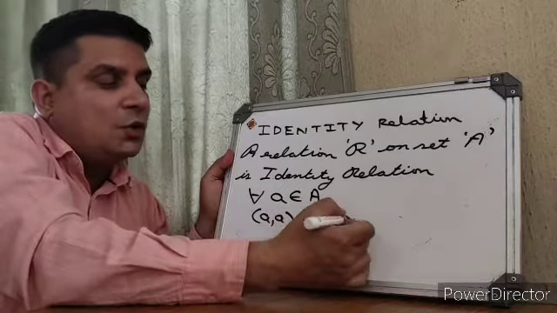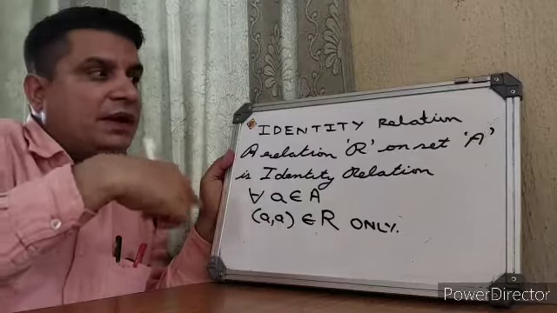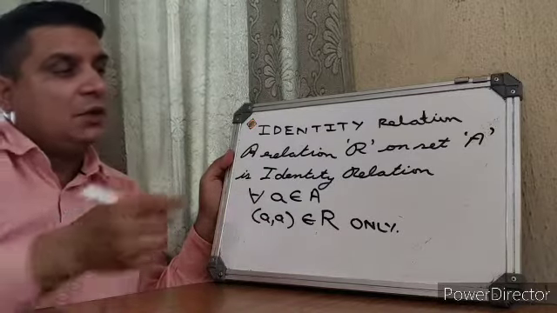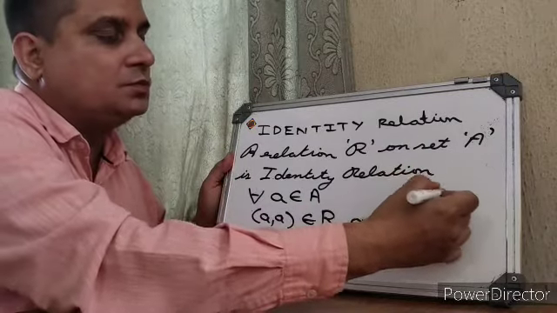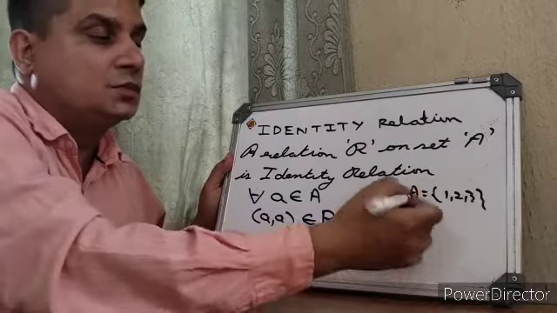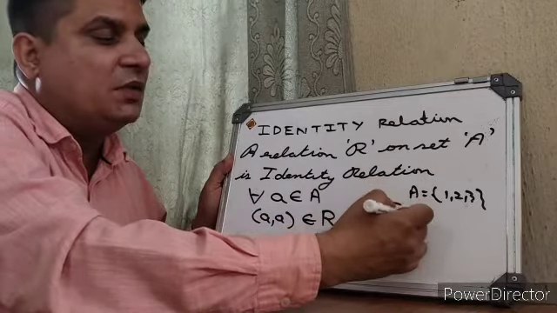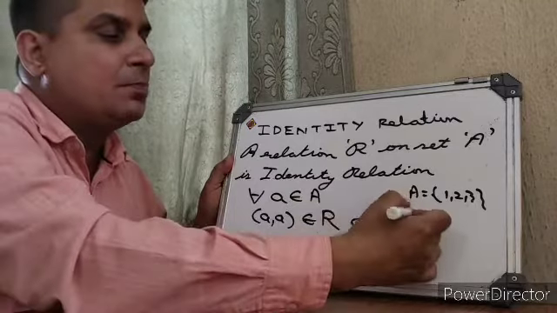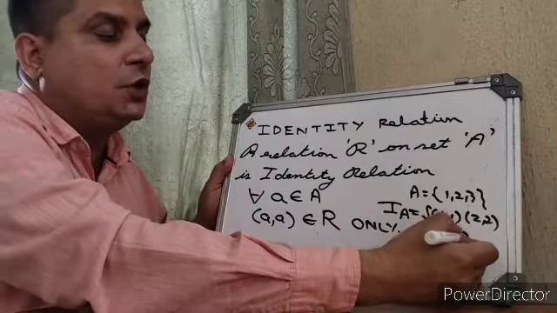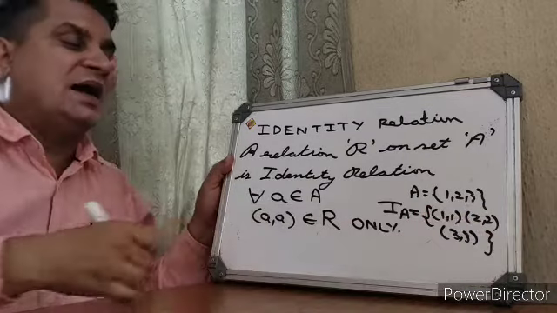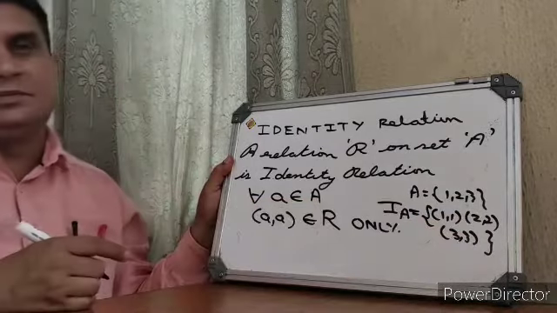Okay, and you can write "only" here also. Why only? When I define the next type of relation, you will know. For example, if set A is 1, 2, 3, then for identity, usually we write it as I_A, it is (1,1), (2,2), (3,3), then it is identity relation. Only (1,1), (2,2), (3,3).